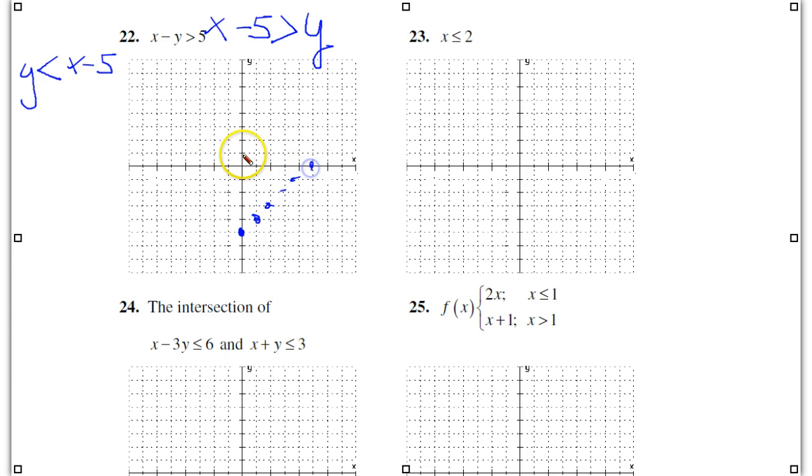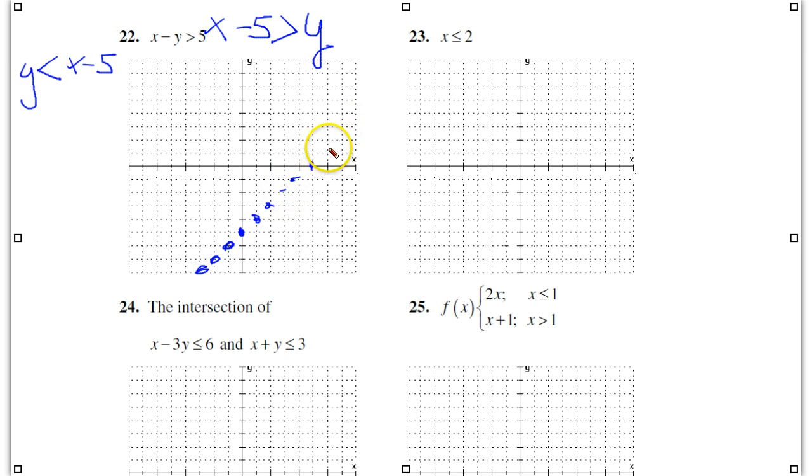Now, when we graph an inequality like this, our line is not a solid line when it's only an inequality like this. For equal, it's a solid line. Inequalities, we have a dotted line. So in a sense, we could use this as our dotted line.